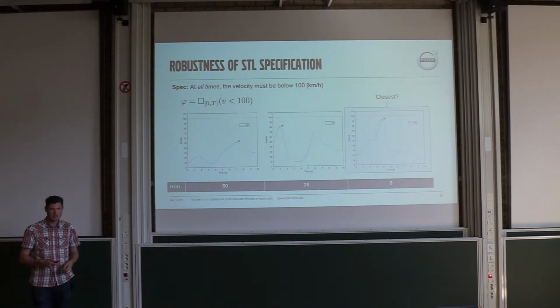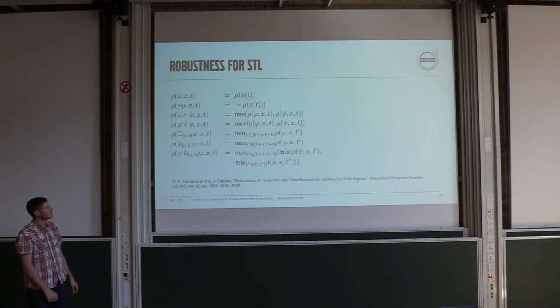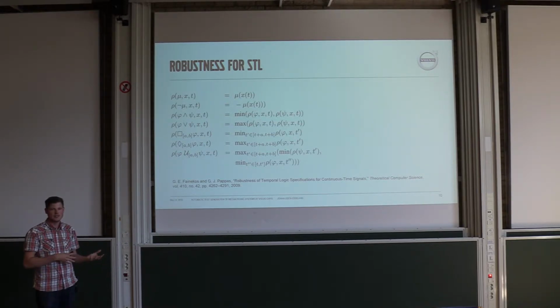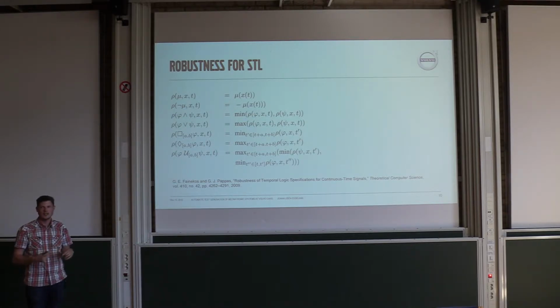But it's also something that can be defined for any STL specification using any operators, temporal operators, logical AND, logical OR, and so forth. There are formal definitions for how the robustness should be for a given operator in STL, and then we can recursively compute the robustness for any specification, no matter how big it is, which is kind of nice.